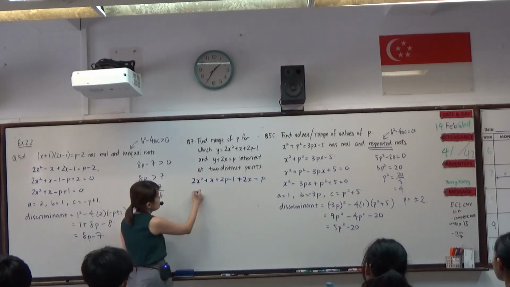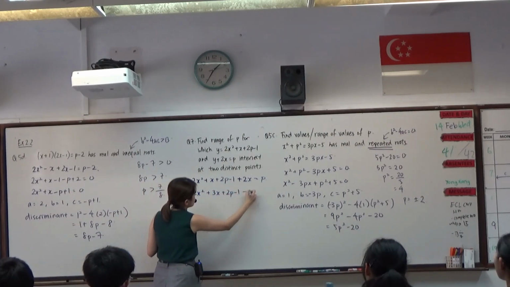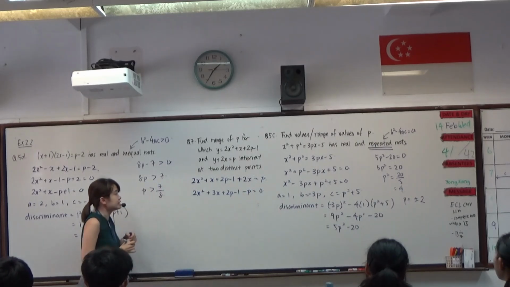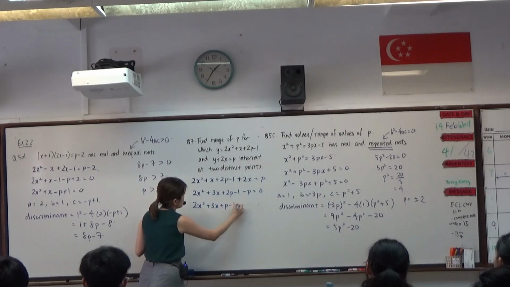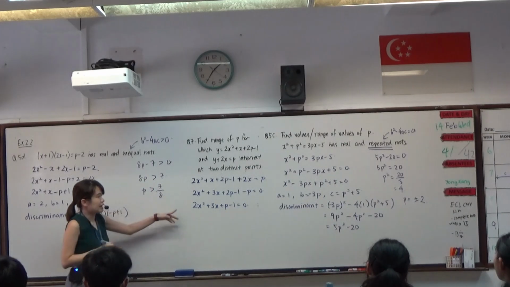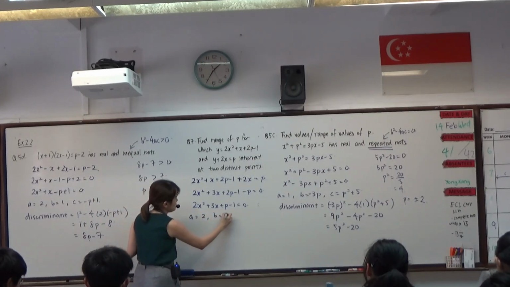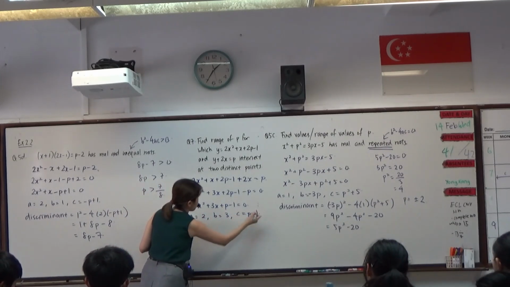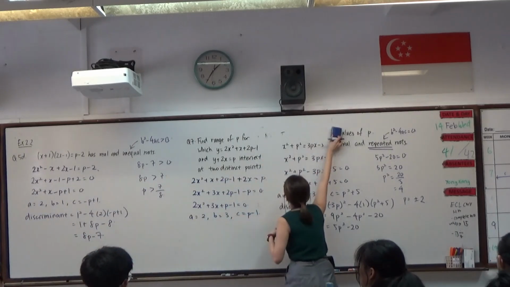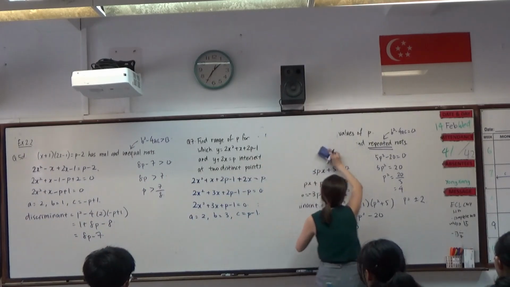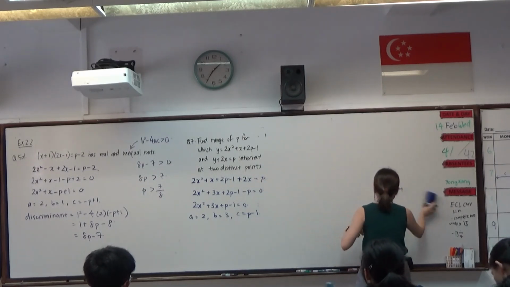Then we simplify it to arrive at this, so that we can recognize what is the A, the B, as well as the C. Then we can determine what is the discriminant, so that we can apply it to say that it is more than 0 due to it having two distinct points.